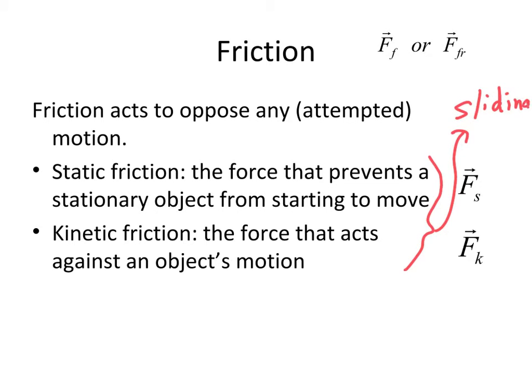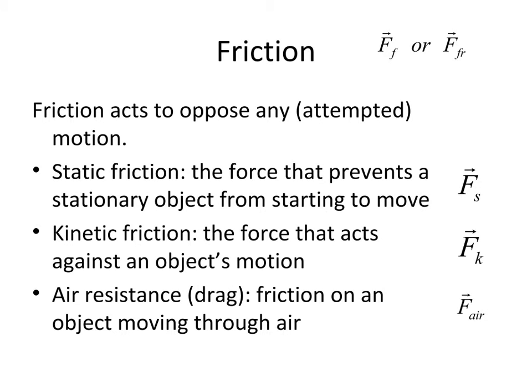There's also rolling friction, which tends to be much lower than these two. We're not really going to get into that in great detail. Air resistance is another type of friction. We can just write F sub air for that one, and we'll talk a little bit about that one, but we'll focus mainly, in terms of friction, on these two types.